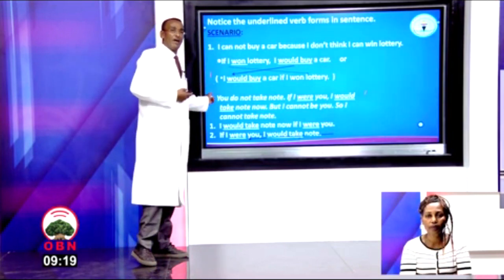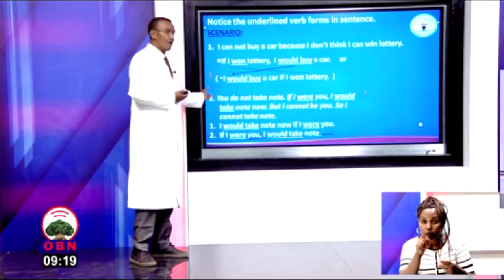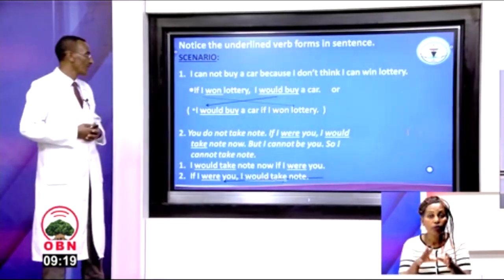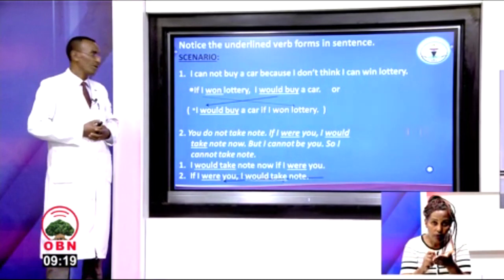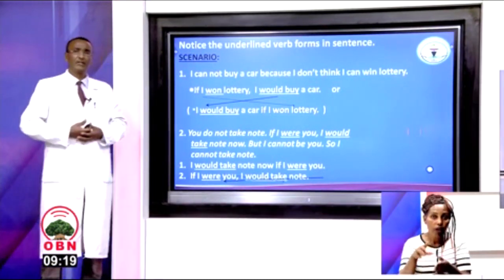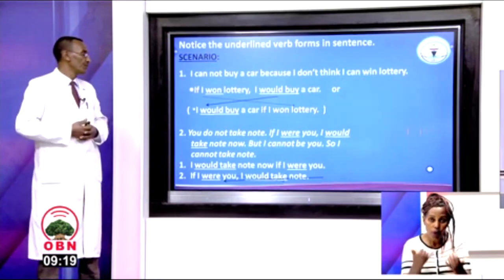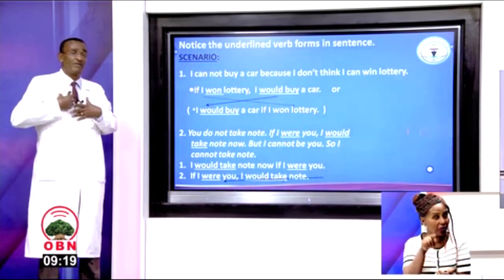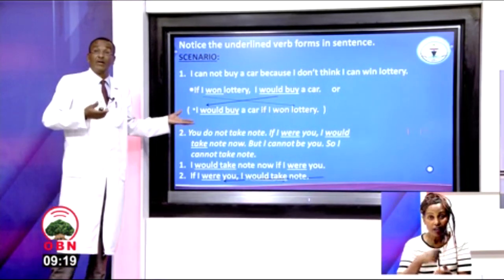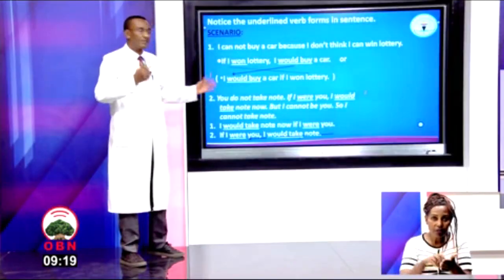Let's have a look at another example. Example 2. You do not take notes. If I were you, I would take notes now, but I cannot be you. I am already myself. So I cannot take notes. It doesn't seem to be possible.